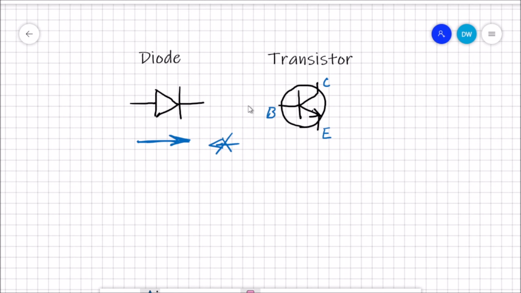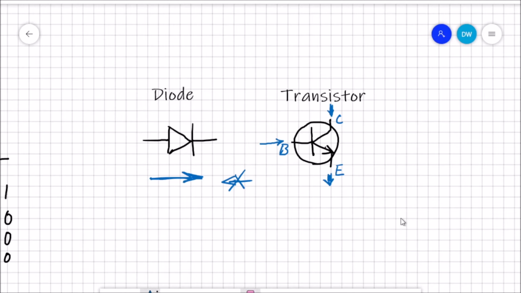If a small current goes into the base, then the transistor gets switched on, allowing a bigger current to go into the collector and leave through the emitter. Basically, as I said, it's a switch. So a small current here allows a big current to flow through. No current here, it gets switched off, and nothing goes across. So that's pretty straightforward as well.